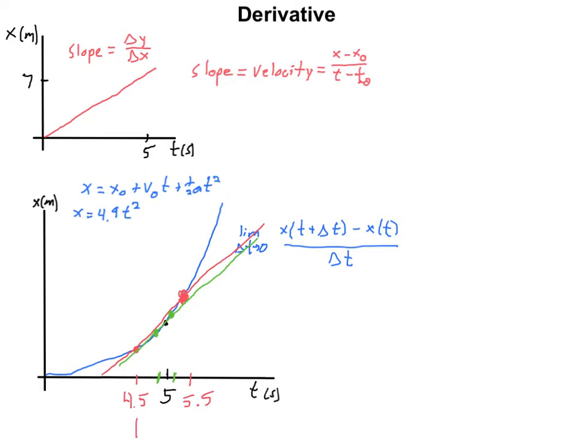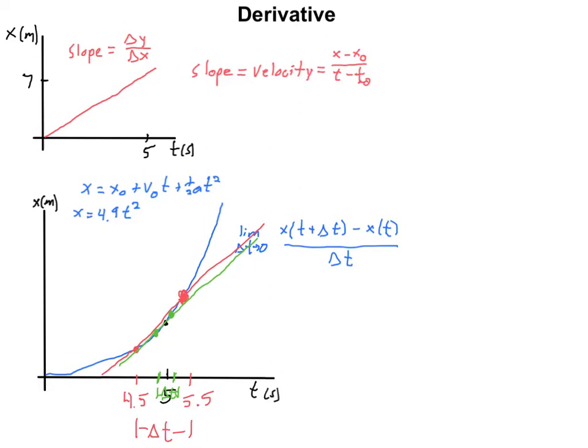If I call this area here delta t, the change in time between the 2 points that I'm choosing, you can say, hey, if we can get delta t, the distance between the 2 points around the spot I'm trying to get the slope of, thinner and thinner and thinner, eventually we will get such a good approximation, we can call this the slope at t equals 5.